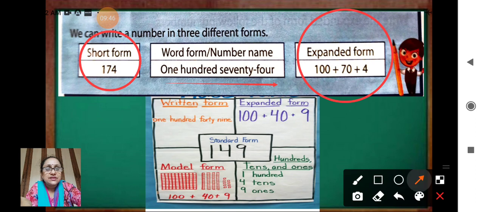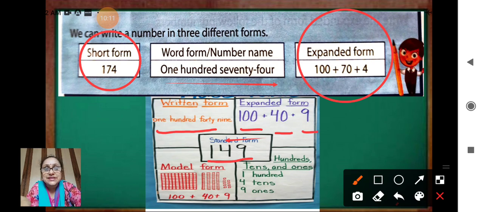And this one, written form, you can see this short form or standard form. Okay, 149. So in number name you can write as 149. Expanded form is 100 plus 40 plus 9.